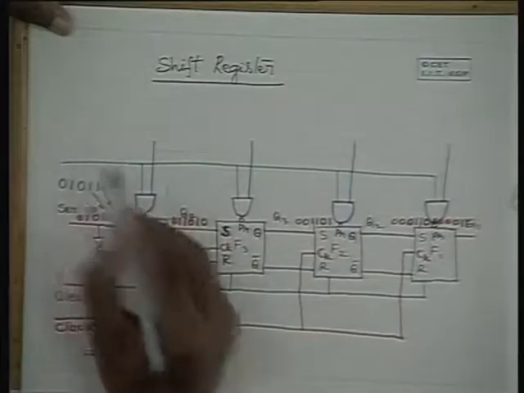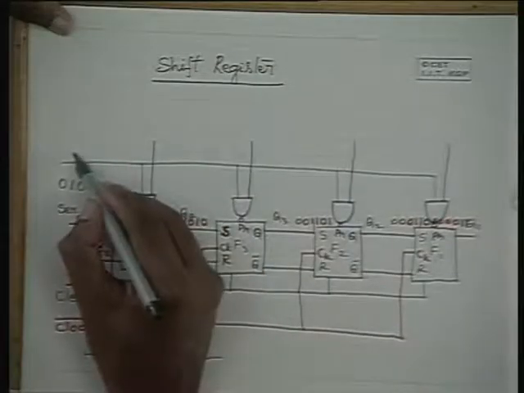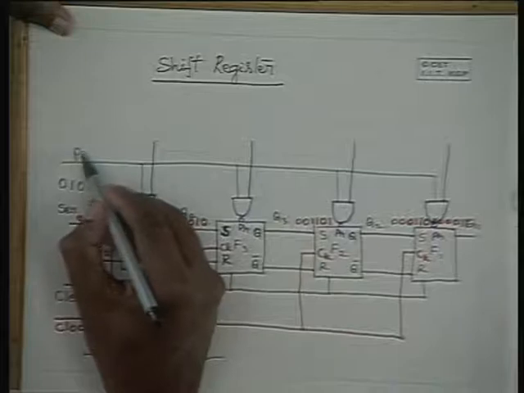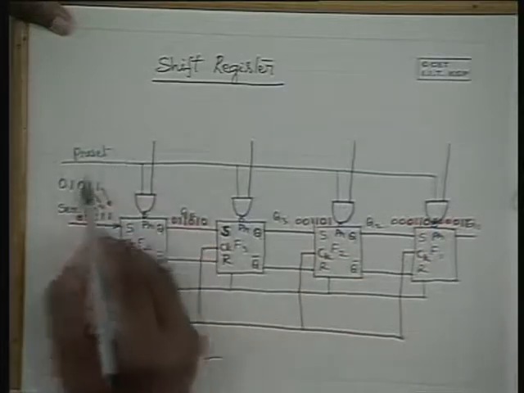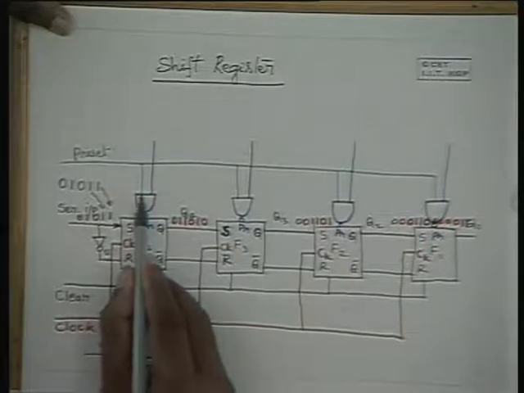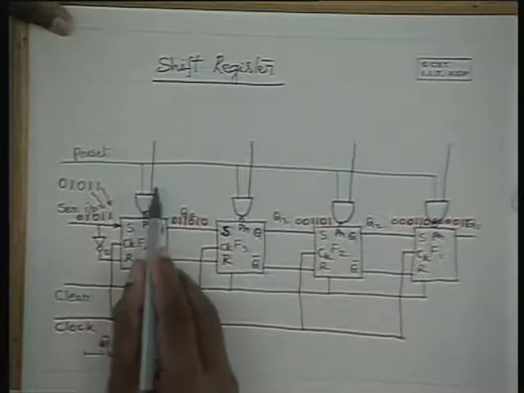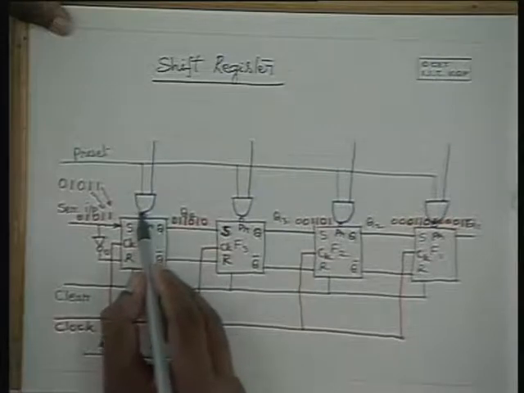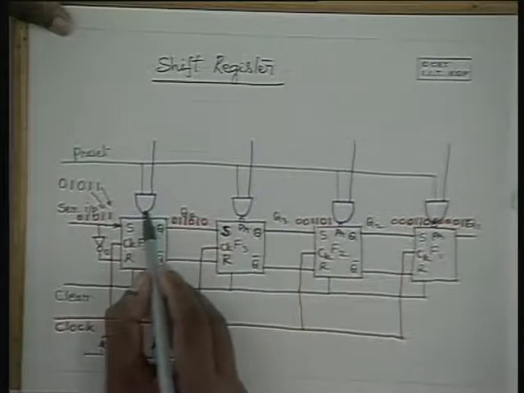And please note that when this input is a 0, this is the preset input. When the preset input is a 0, if this is a 0 here, irrespective of this, at the AND gate output it is a 0, at the NAND gate output it is a 1.